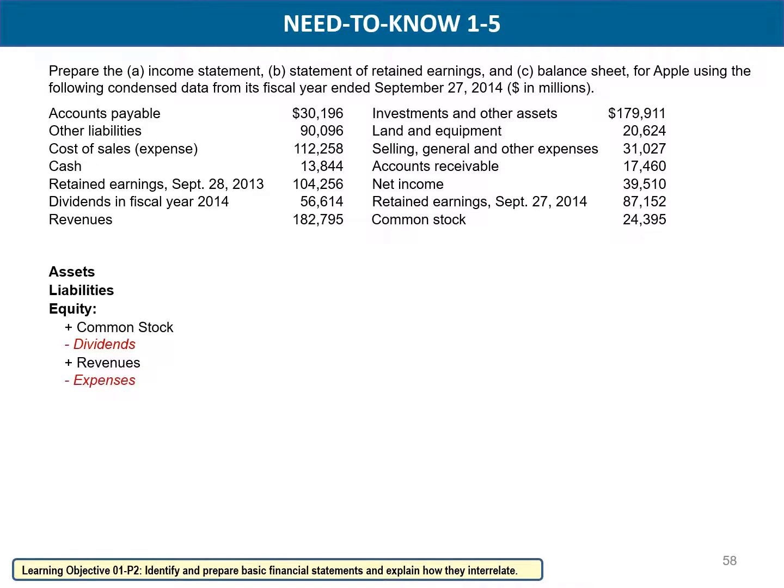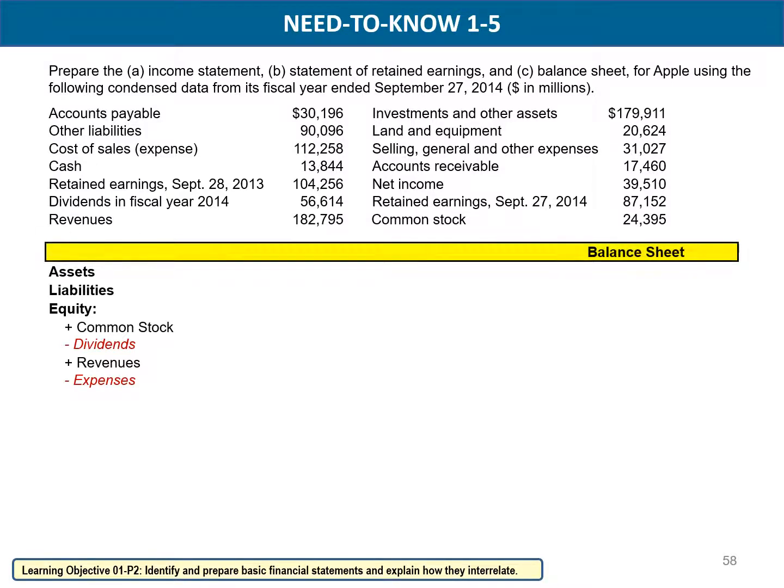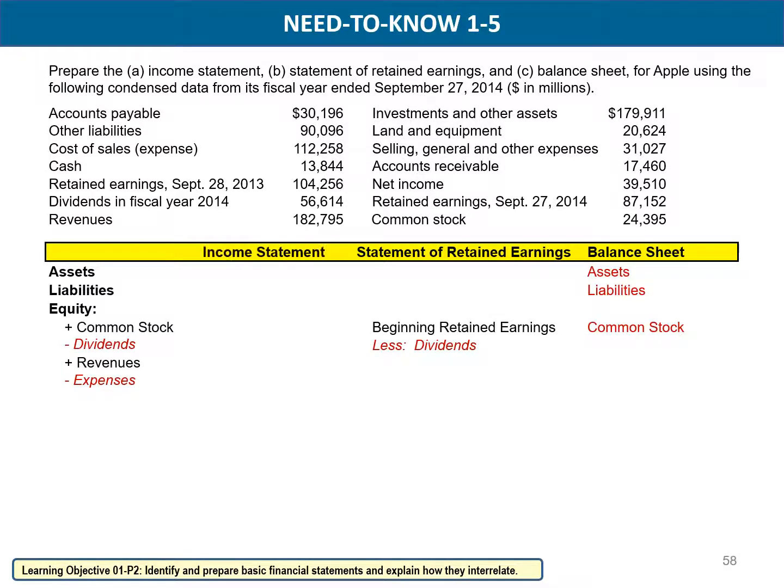dividends plus expenses. So let's place the pieces parts of the accounting equation into the appropriate column for the statement that they belong. So on the balance sheet, you have your assets and your liabilities and your common stock. Then on your statement of retained earnings, you have your beginning balance of retained earnings less your dividends.